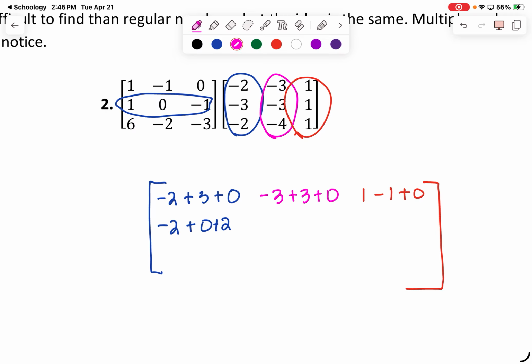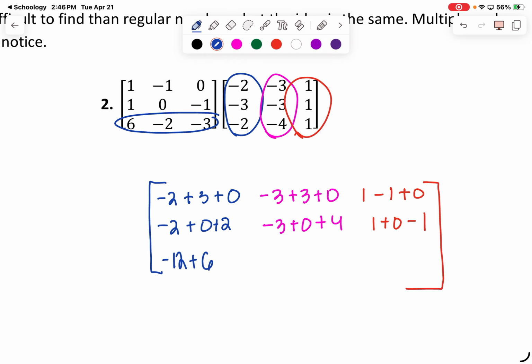Okay. Row 2 times column 2, that's -3 plus 0 plus 4. Row 2 times column 3, that's 1 plus 0 minus 1. All right, last one. I can do this. All right, 6 times -2 is -12. -2 times -3 is 6. -3 times -2 is 6.